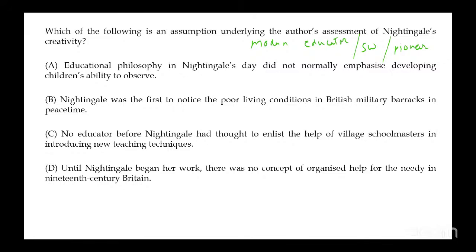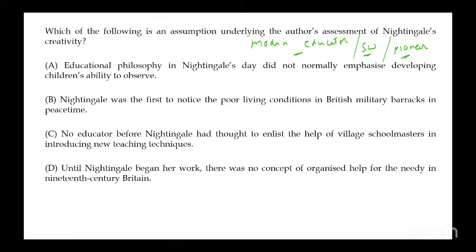Okay, let's do this. Which of the following is an assumption underlying the author's assessment of Nightingale's creativity? Modern educator, modern social worker, pioneer. A: Educational philosophy in Nightingale's period did not normally emphasize developing children's ability to observe.